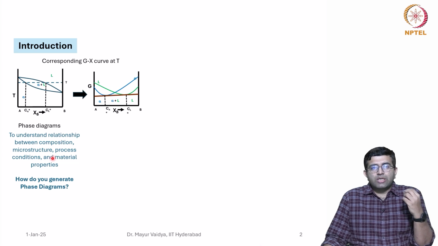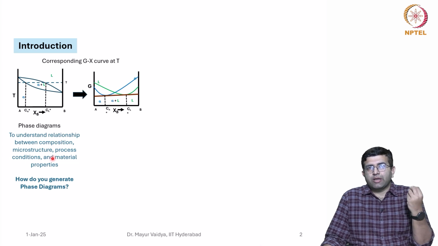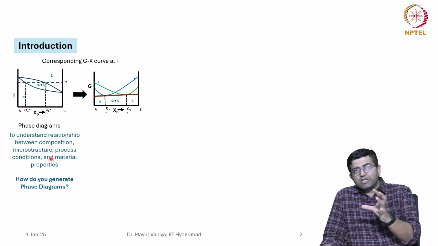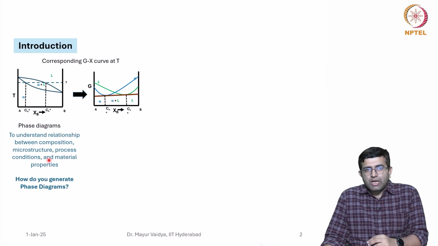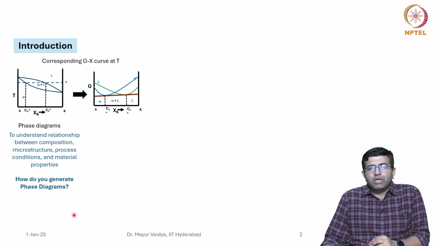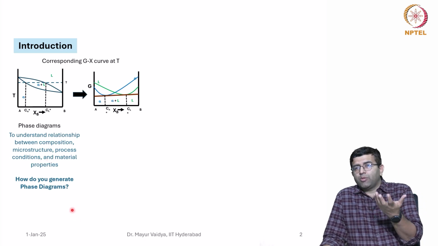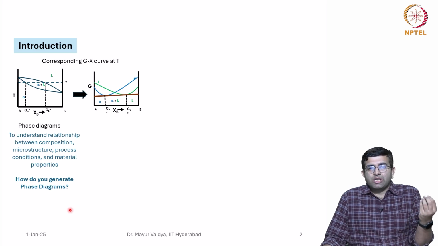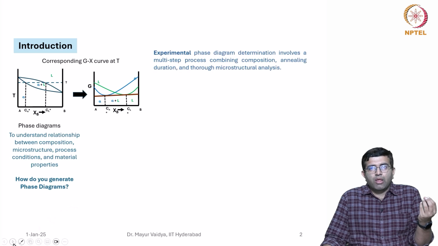Now, the question is, how do you generate these phase diagrams? Because now, with more and more new materials being used, and more and more domains of existing systems being utilized, how do we generate these phase diagrams? A lot of multi-component alloys are now being used in several applications. So, how do we generate these phase diagrams?